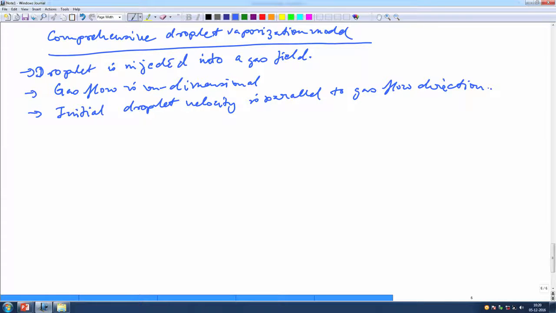Got it? So, it is a droplet injected into a gas phase flow field, with its velocity parallel to the gas flow.